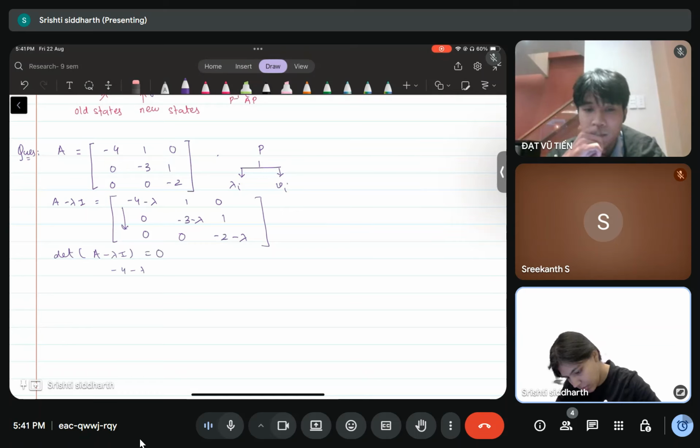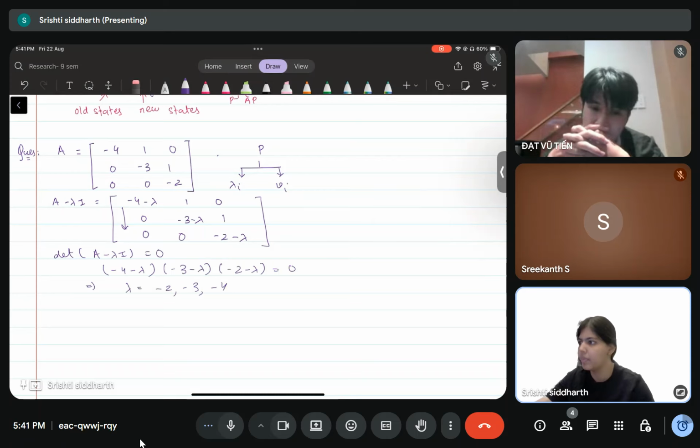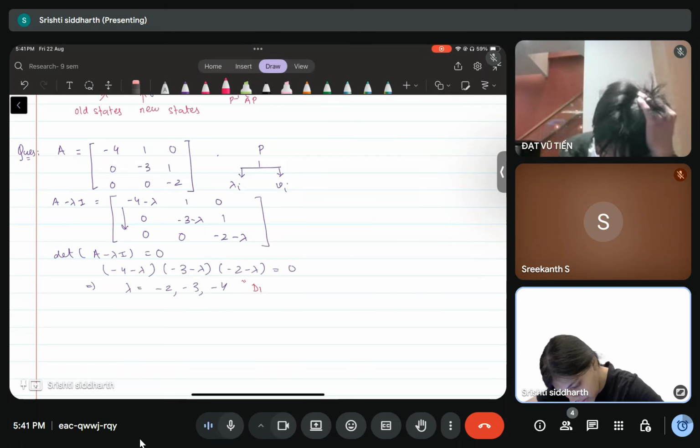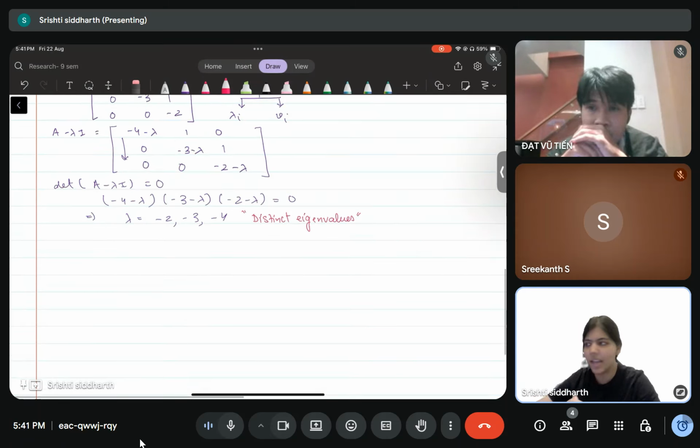So it's minus 4 minus lambda, and this equals 0. This means lambda is minus 2, minus 3, and minus 4. Okay, so this is the case of distinct eigenvalues. We can easily find the eigenvectors.